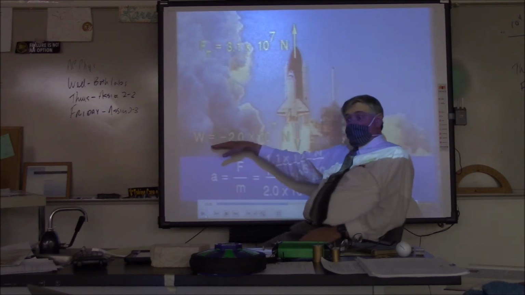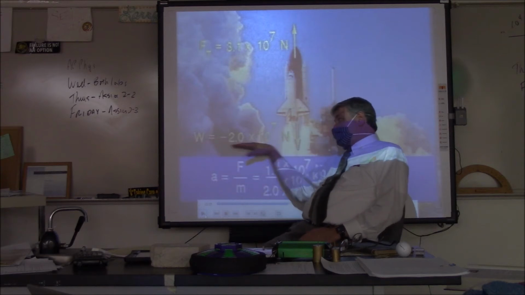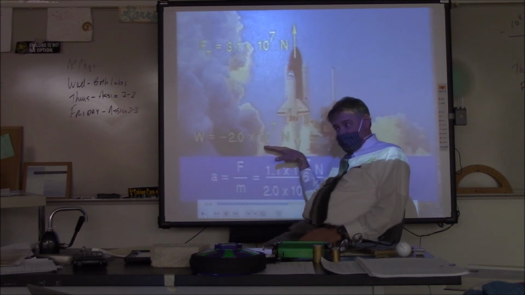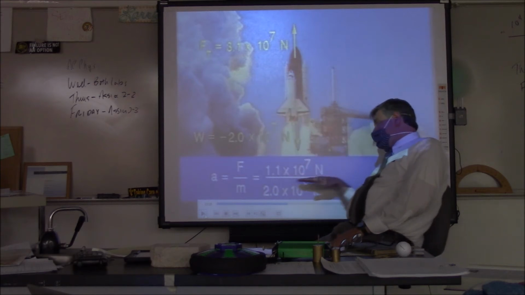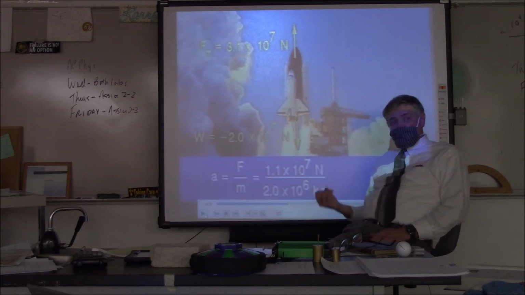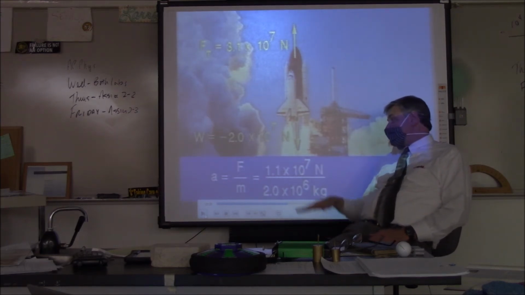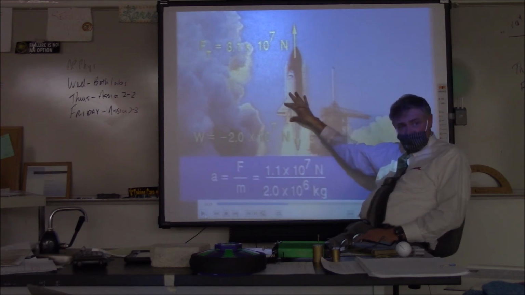The downward force, which is what the gravity mafia has to be paid off, is negative 2 times 10 to the 7th newtons. So the difference between these two is your net force. This is what's left over to actually accelerate the rocket engine. So you take that and you divide it by the mass, boom, there's how you get your acceleration.